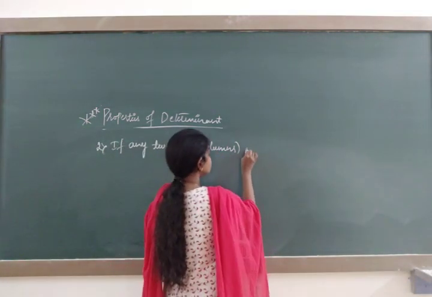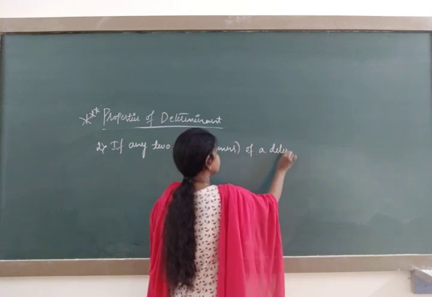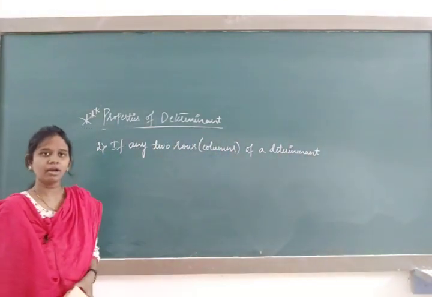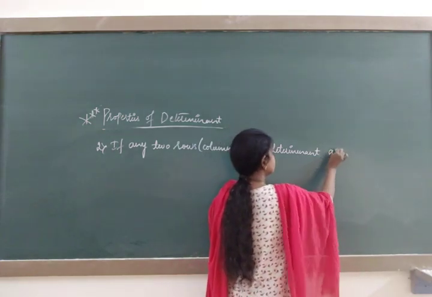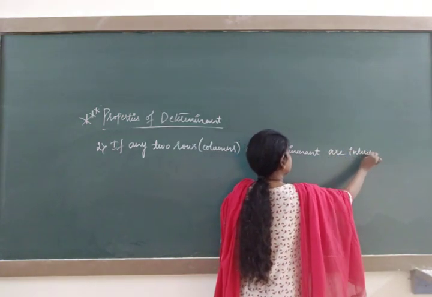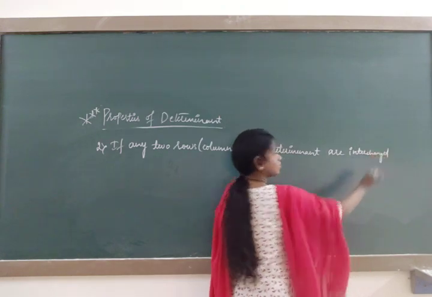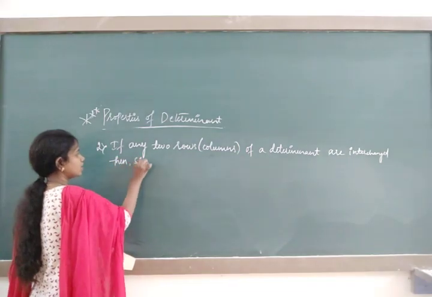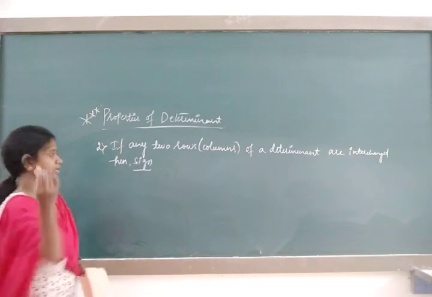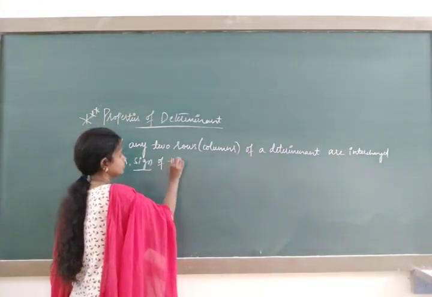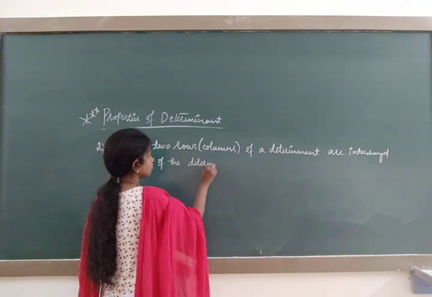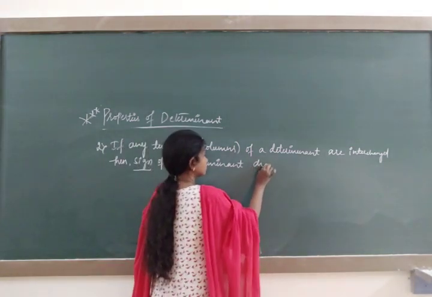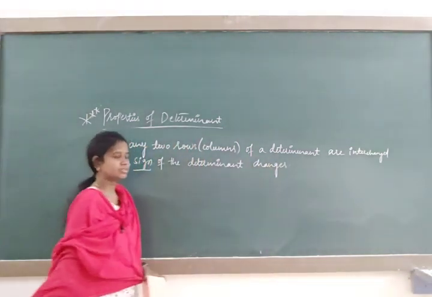If any two rows or columns of a determinant are interchanged, then the sign of the determinant, this is underlined, sign is important, the sign of the determinant changes. So this is our second property.